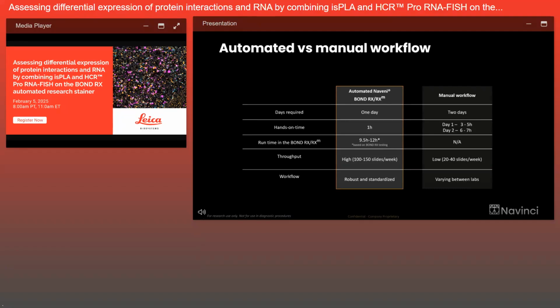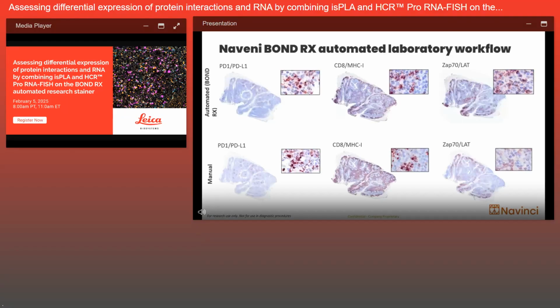So as we can see here, we're comparing a manual run with a Navinci Bond RX run using the Navinci Bright assay. We have here PD1, PDL1, CD8, MHC1, and ZAP70 LAT assays, staining normal human tonsil tissue. Antibody concentrations were kept the same throughout all of these assays.